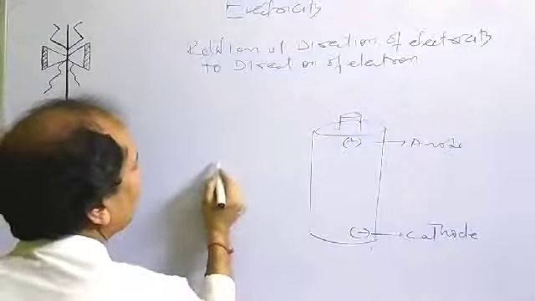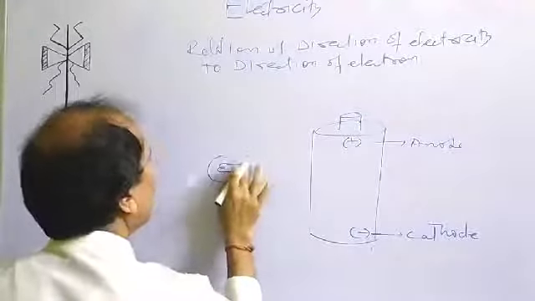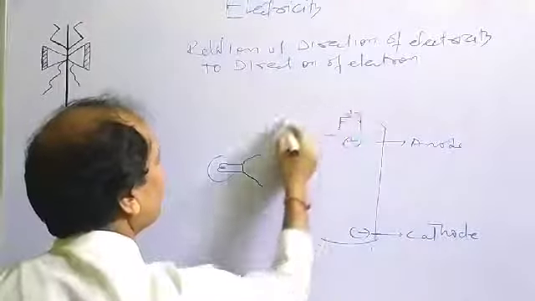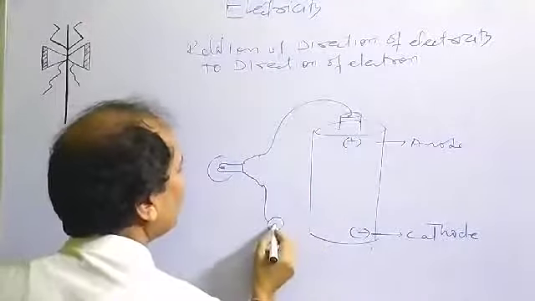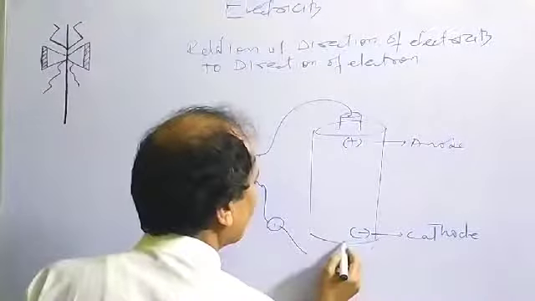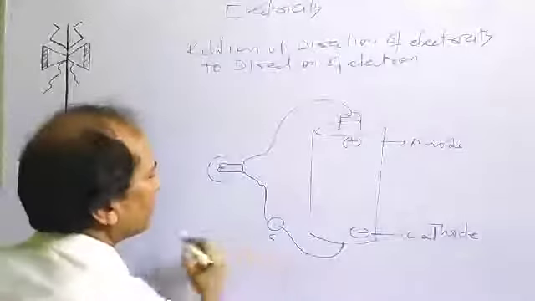And suppose there is a bulb to be connected into the circuit through a switch. If I make the circuit on through the switch.